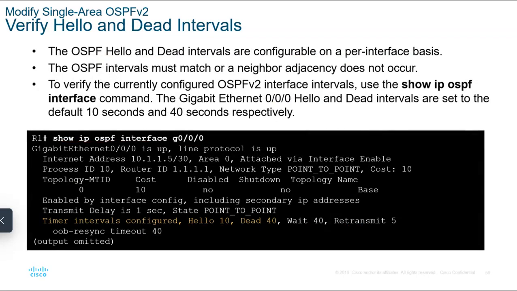So to verify the hello and dead timer, you can run this command, show IP OSPF interface. Then automatically you'll be able to see the timers. In scenarios where you have point to point, if the hello is 10 and the dead is 40, then it has to be the same on both sides.